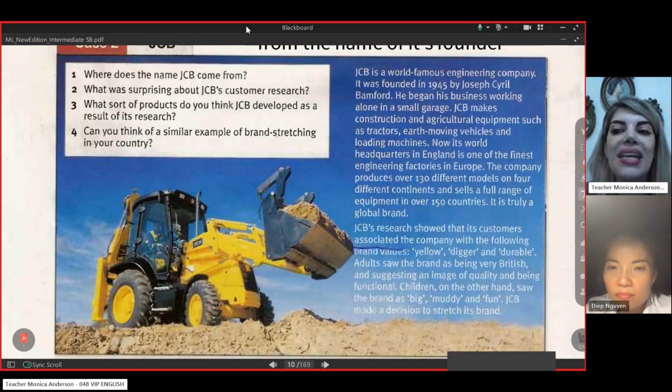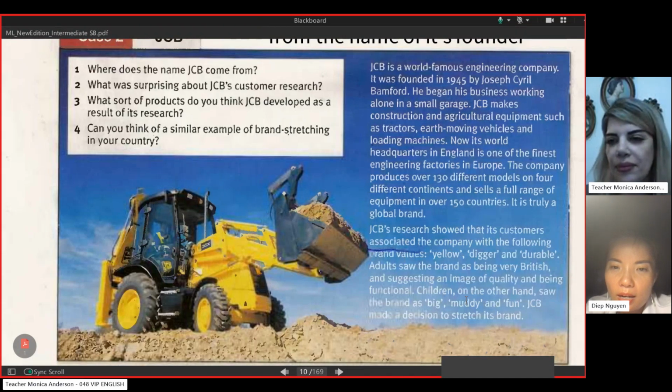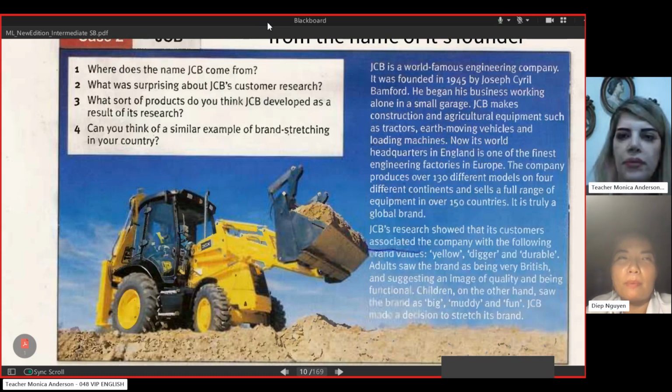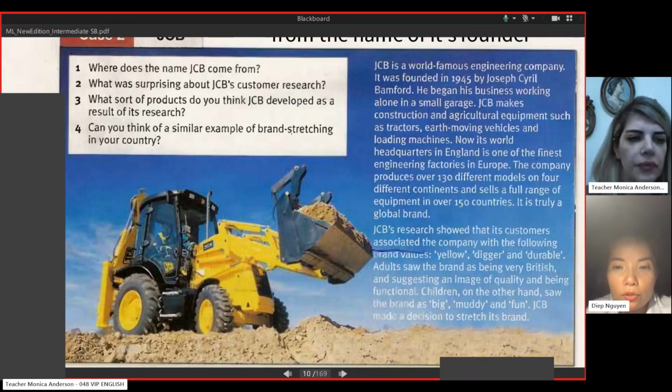It's something related to maybe adults and children. I saw the key point to answer this question, but I mean, what's surprising? It made me think about why adults and children have different thoughts about this brand.